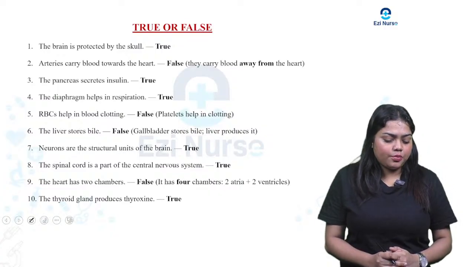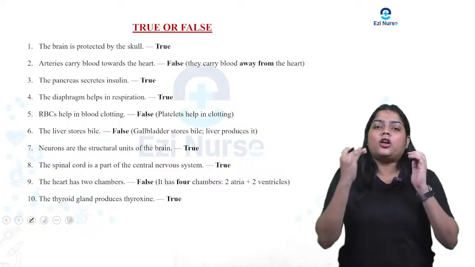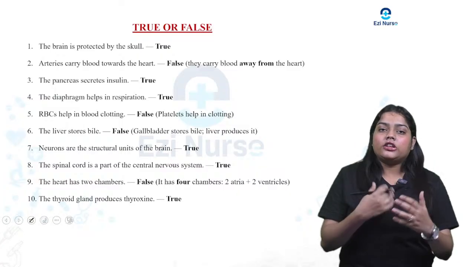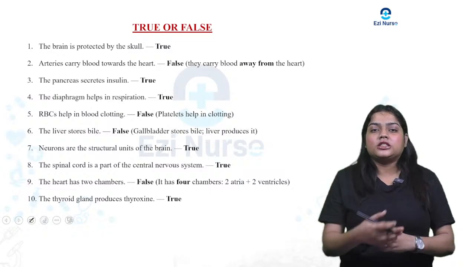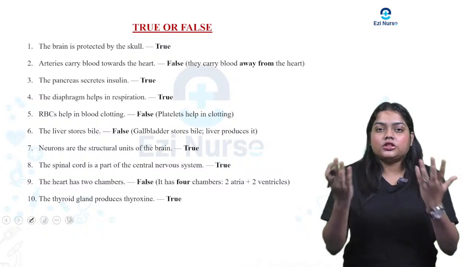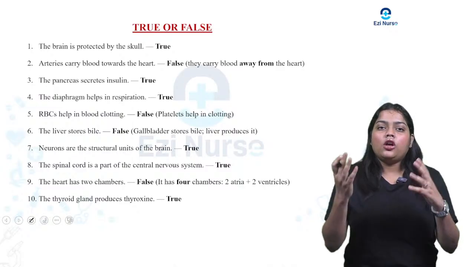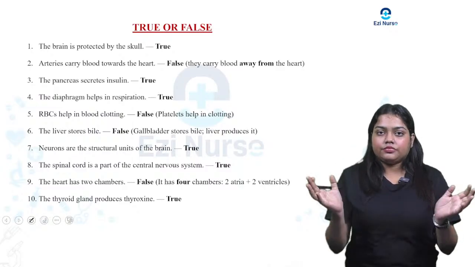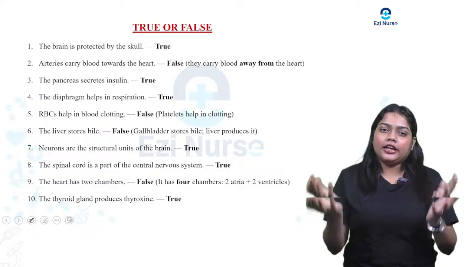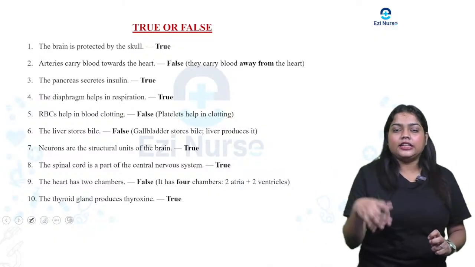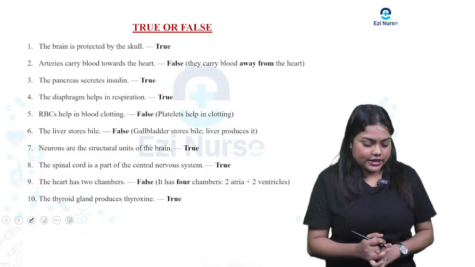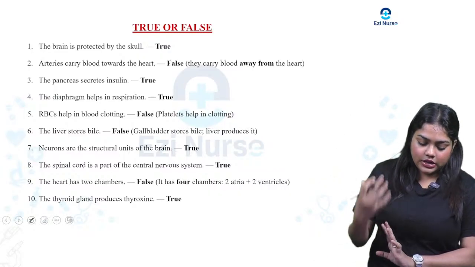The diaphragm helps in respiration, which is true, because during inhalation and exhalation, the diaphragm is the muscle which helps the lung contract and then relax while taking the air inside. So the diaphragm helps respiration.